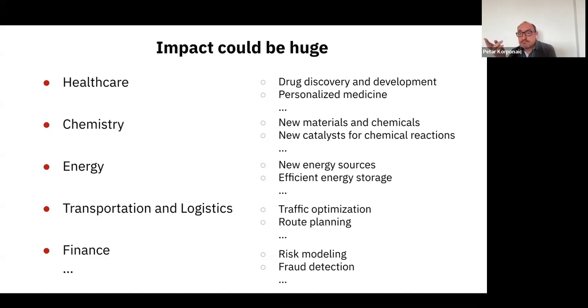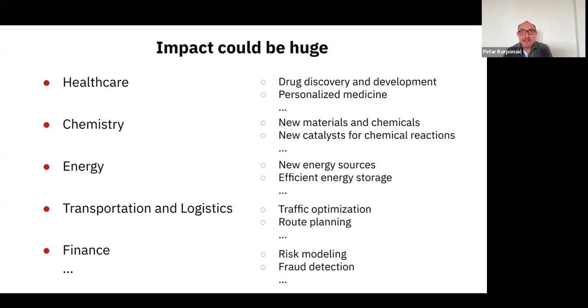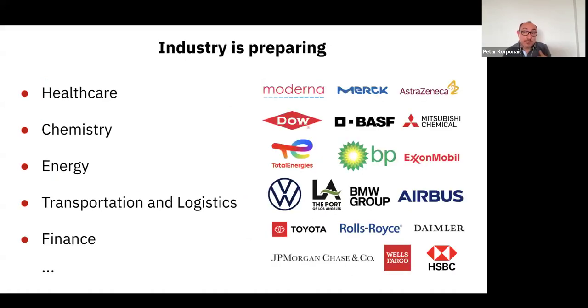So the impact could be huge, and I guess that you are coming from computer science, all of you, and you understand how big implications this can have on humankind, if I can say, and because of that, industry is already preparing.